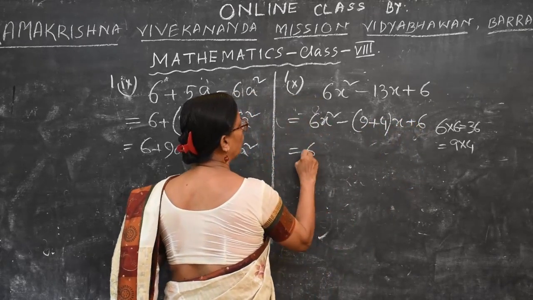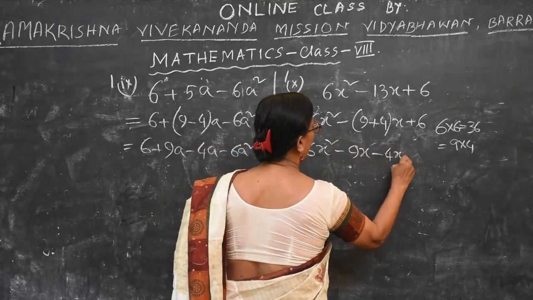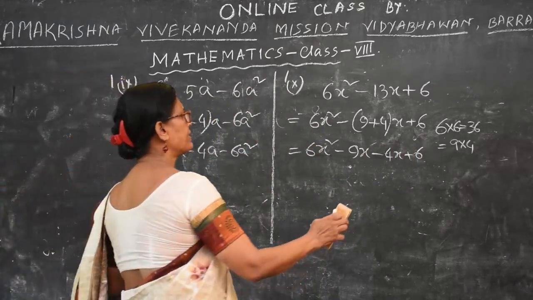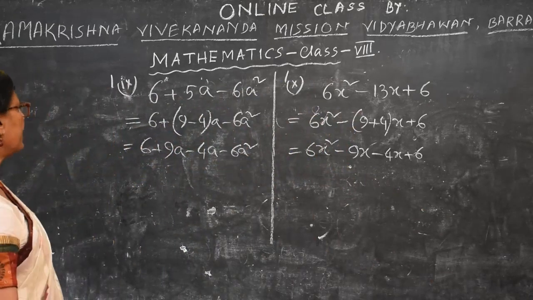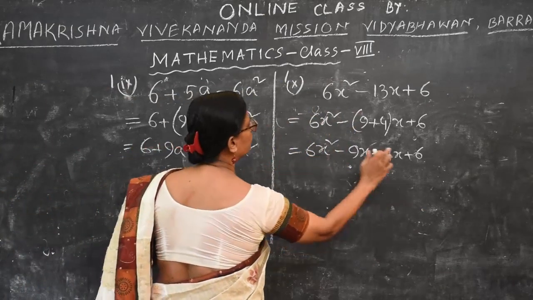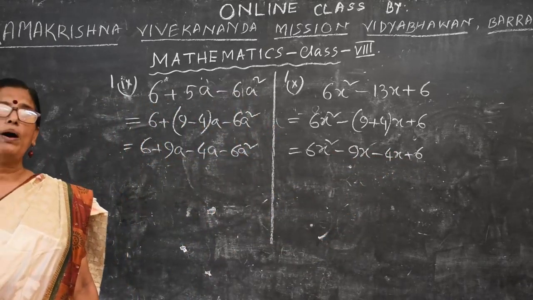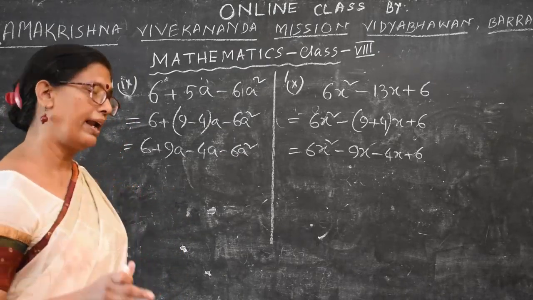Here also 6x square minus 9x minus 4x plus 6. See, in the previous time I said this: before taking the common, you see the board. 2 is plus, 2 is minus. Here also this 2 is plus, this 2 is minus. That means our way is correct, the answer comes correct.